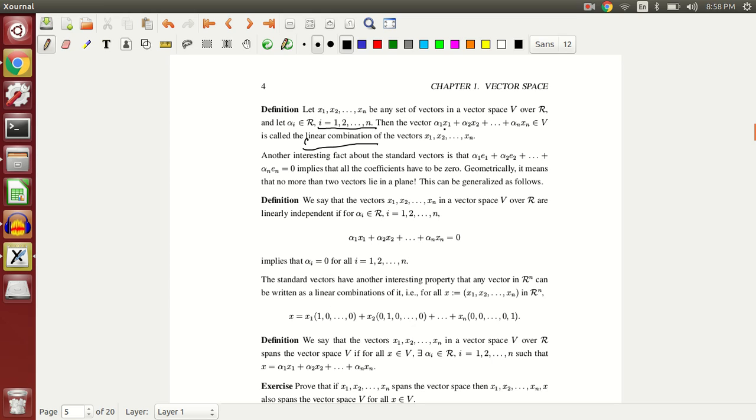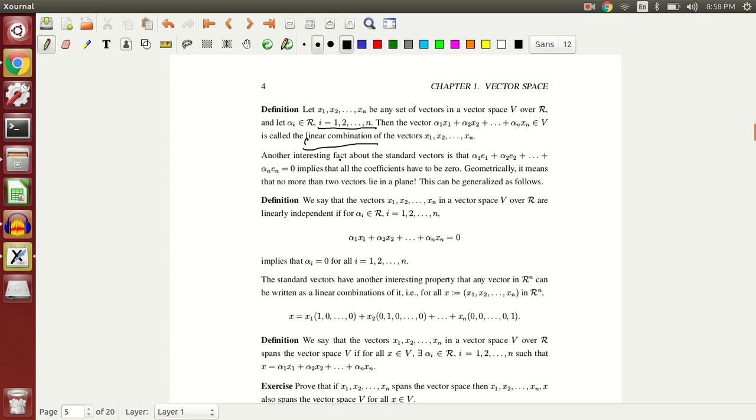Then the vector alpha 1 x1 + alpha 2 x2 + ... + alpha n xn belongs to vector space V. It's called a linear combination of vectors. Basically, if there is a scalar multiplication of each vector, that is the linear combination.